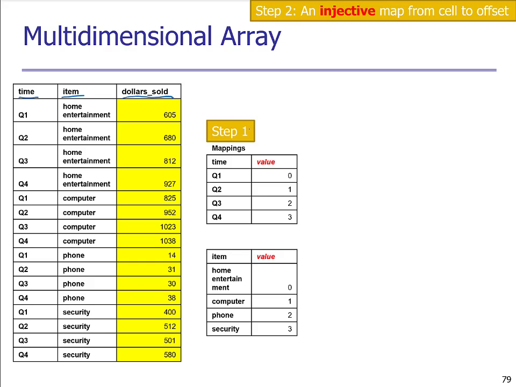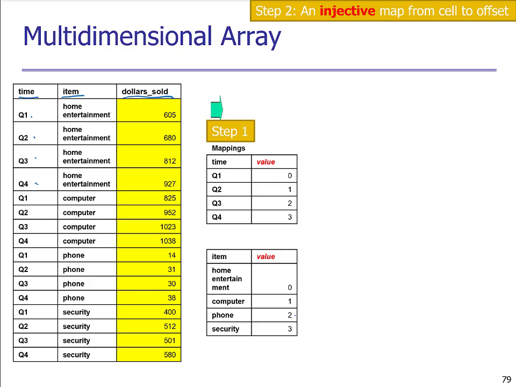For time we have 4 different values, Q1, 2, 3, and 4, so we map them to 0, 1, 2, 3. For item we have 4 different values: home entertainment, computer, phone, and security. So the values are 0, 1, 2, and 3 as well.